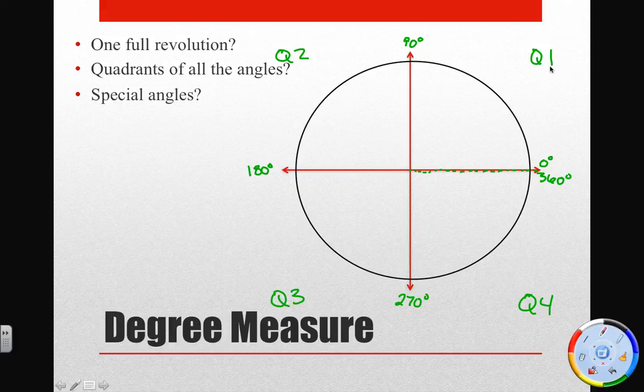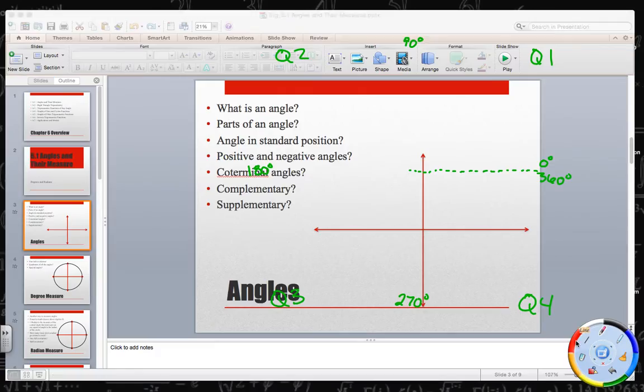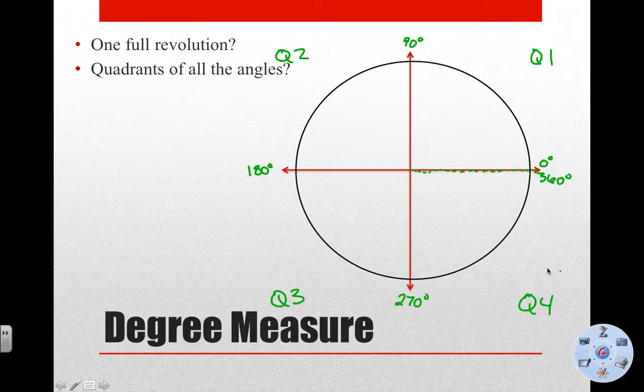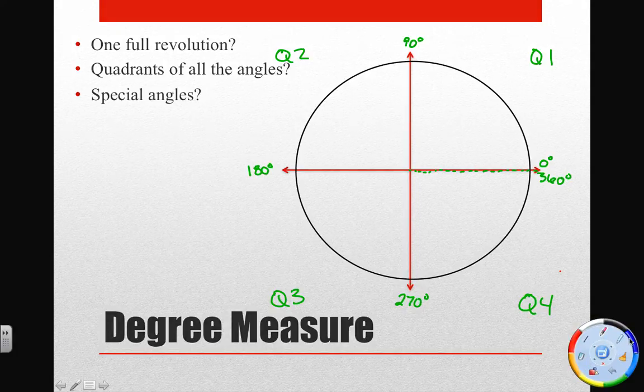All right, so you remember in geometry, you dealt with these things we called special angles. Special angles in geometry were, if you recall, a 45-degree angle, because you could create a 45, 45, 90 triangle.